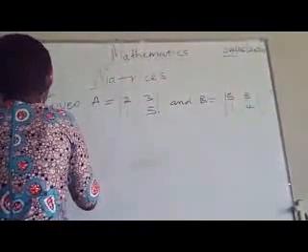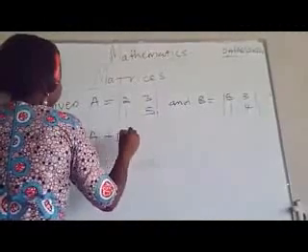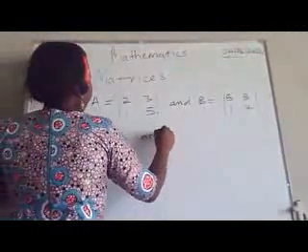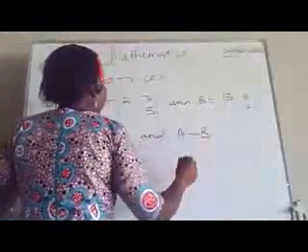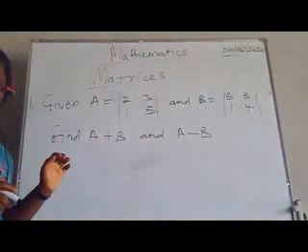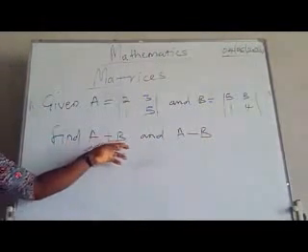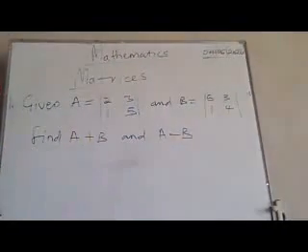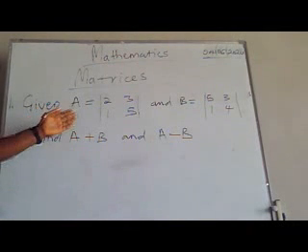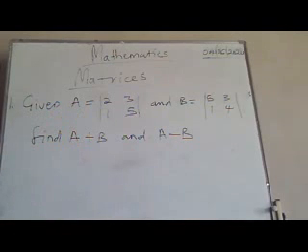Find A plus B and also A minus B. Okay, you can see on the board that we have a 2 by 2 matrix.